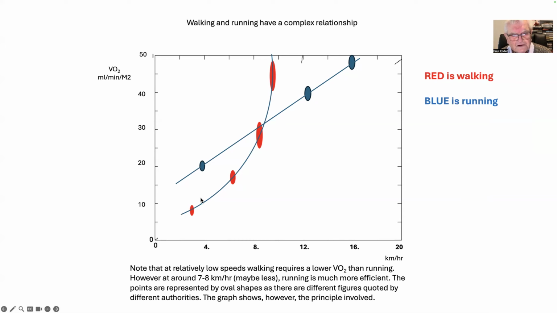So it's more economical to walk at a slow speed than run. But you get to a certain point when it's now much more economical to run than to walk. These aren't shown as points because this is a diagrammatic representation of the issue. So many different figures are quoted by different authorities, it would be impossible to draw a diagram that is accurate.